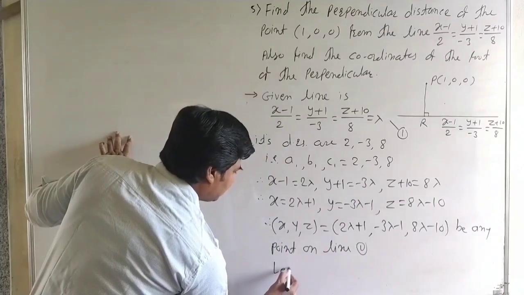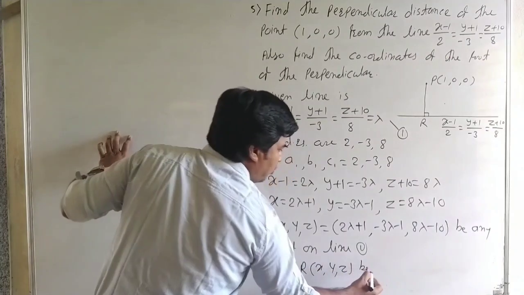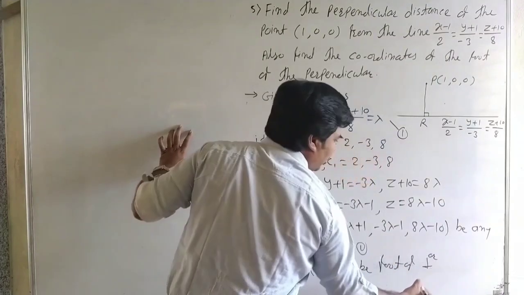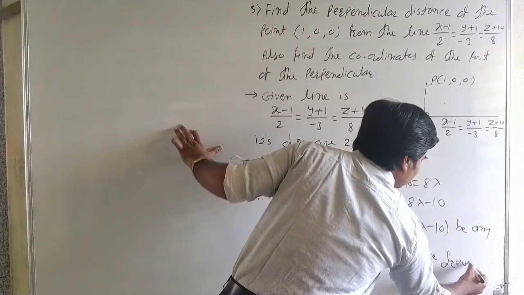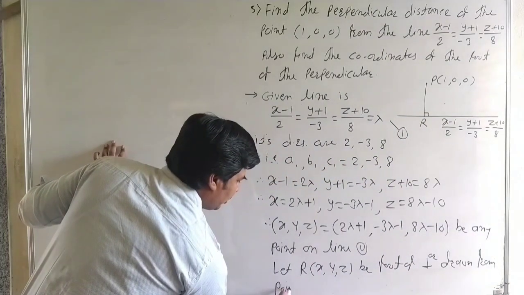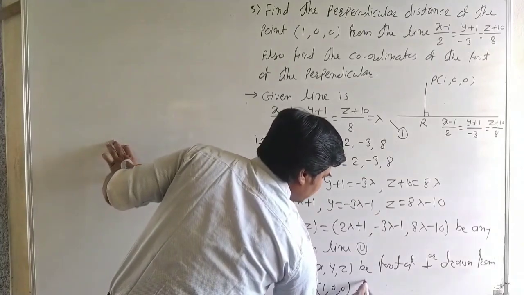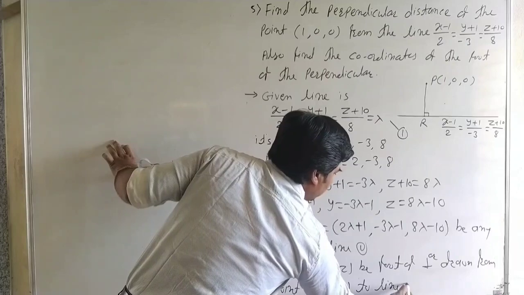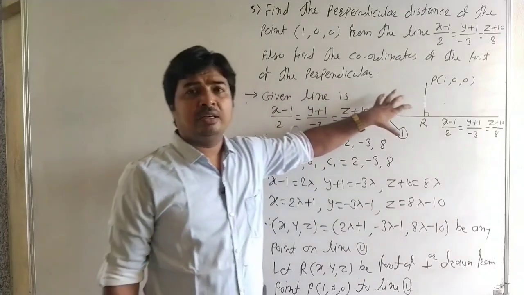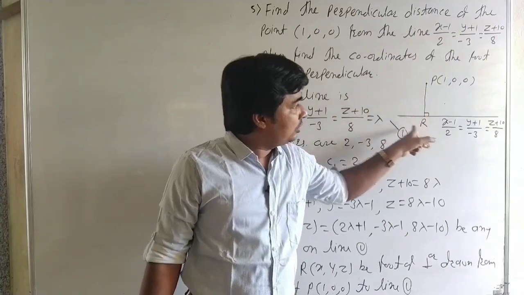Now let R, x comma y comma z, be the foot of perpendicular drawn from point P (1, 0, 0) to line 1. Okay, now we consider x comma y comma z be any point on the line. We consider R is the foot of perpendicular drawn from point P to the line.